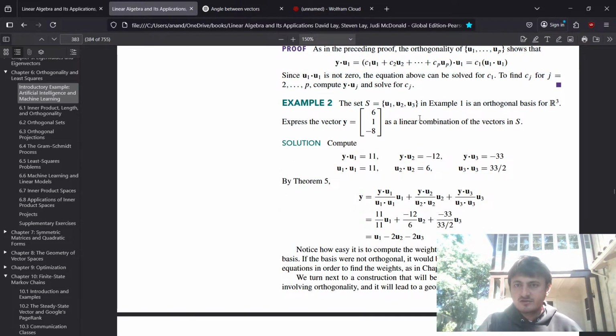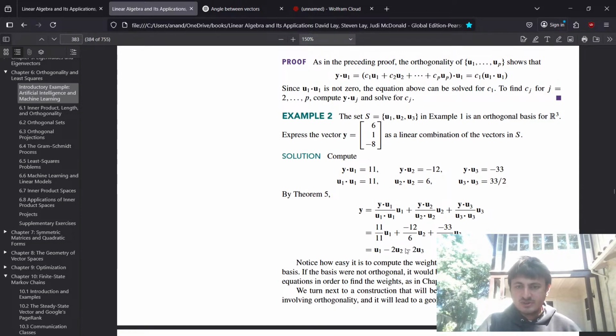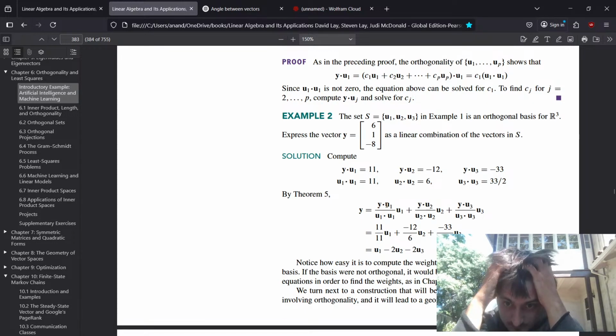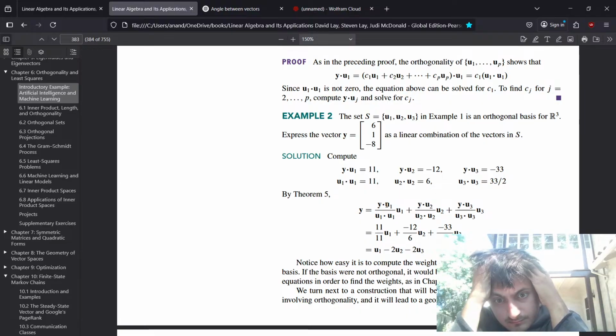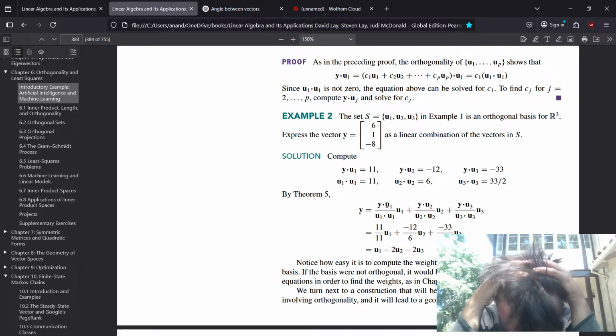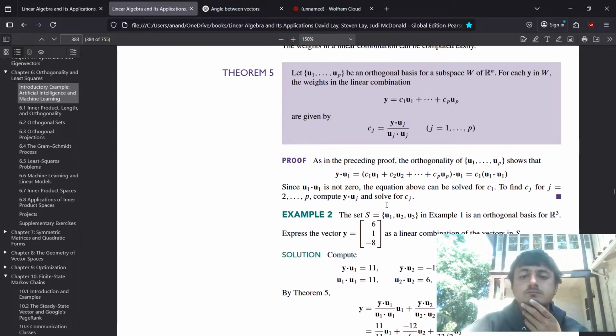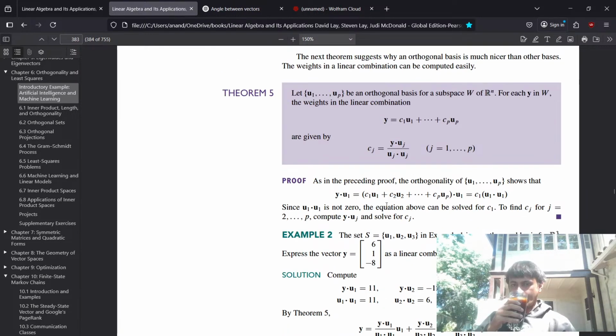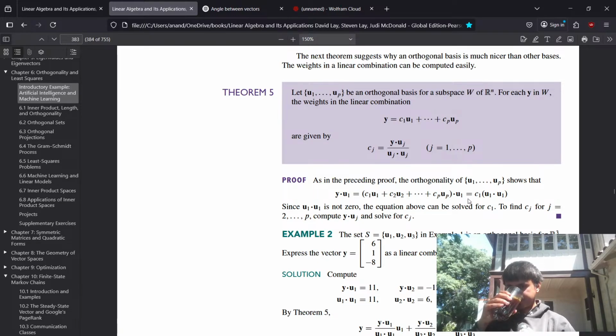Express this as a linear combination of the vectors in S. It's all symbolic, but they do it. So C1, yeah, okay, cool.